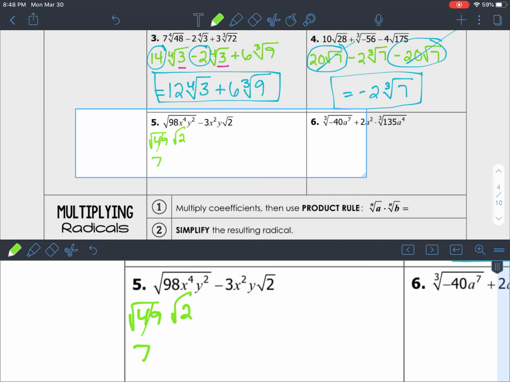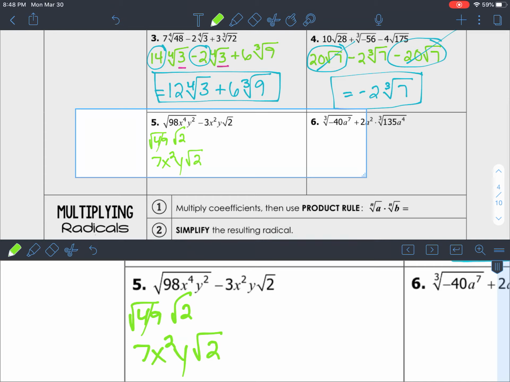We're looking at a square root, so I need to think about how many groups of 2 are in that variable. Since there's 2, I'm going to have x squared on the outside. How many groups of 2 fit into that y squared? Well, just 1. So we're going to have a y on the outside. And then nothing else can change. That square root of 2 is going to stay.